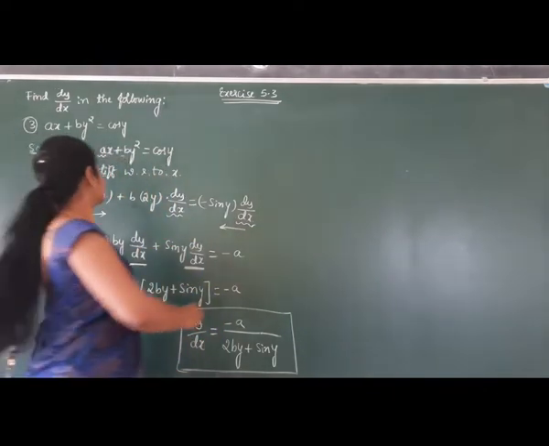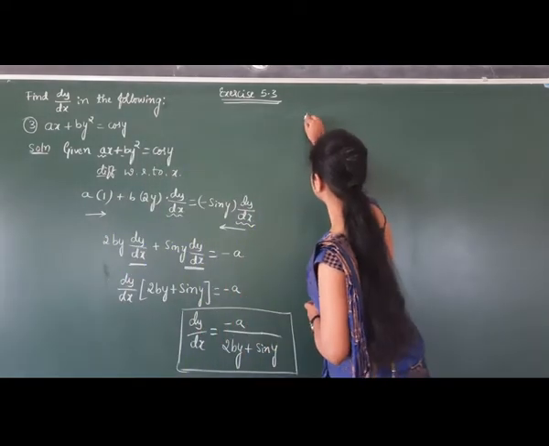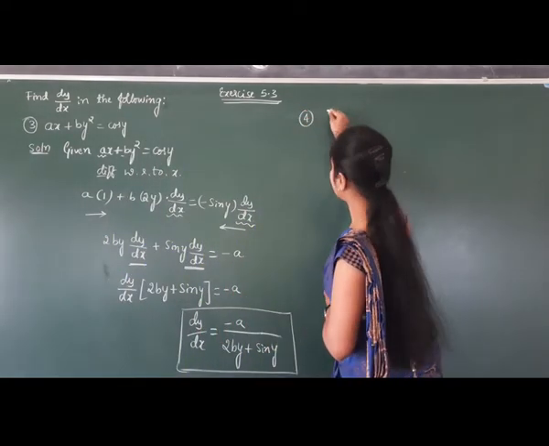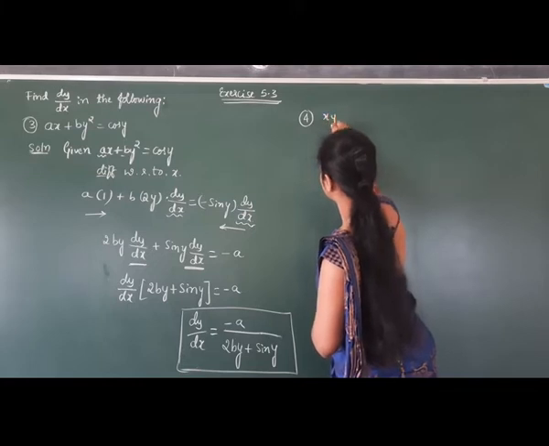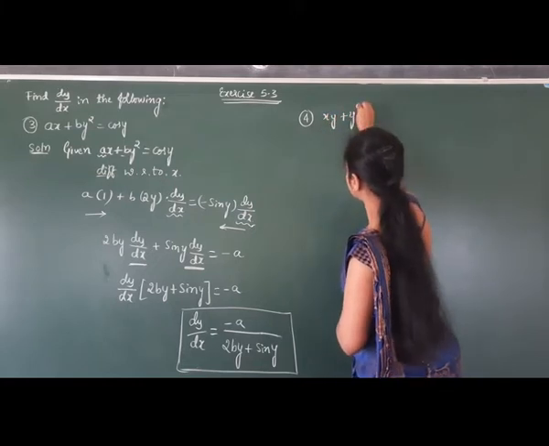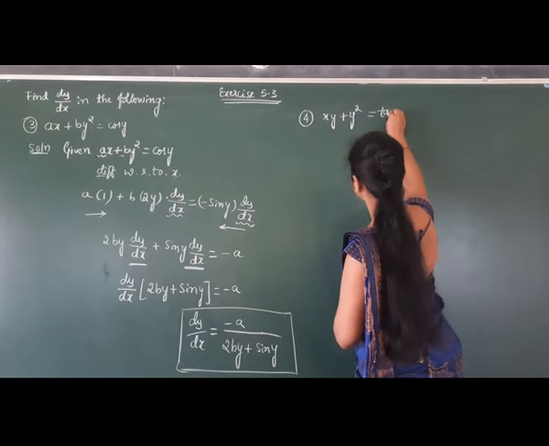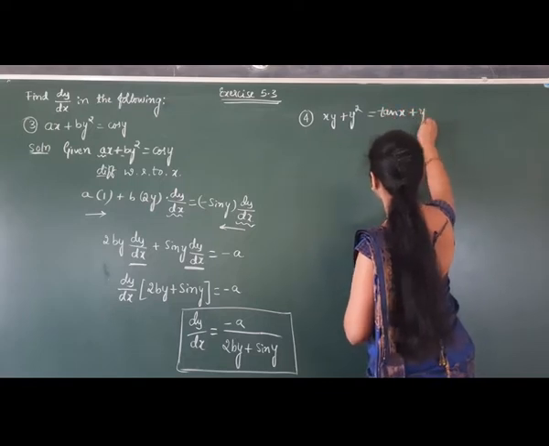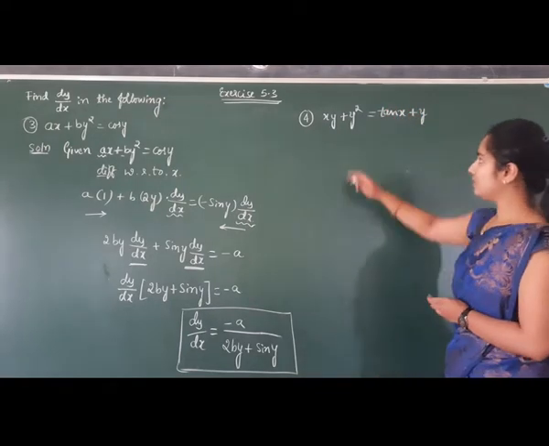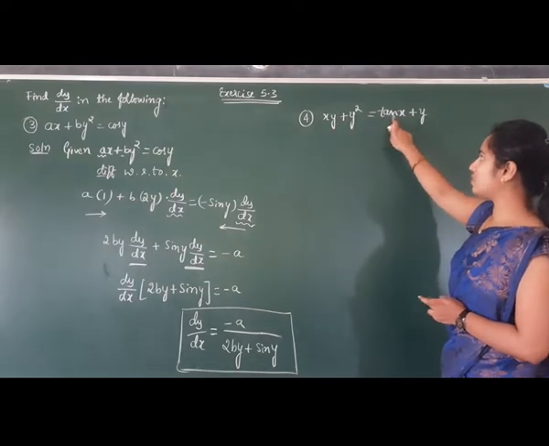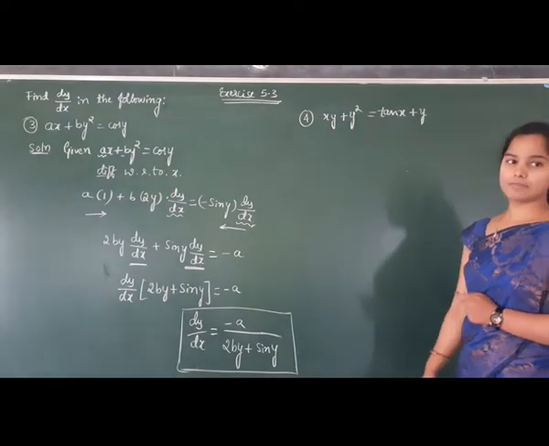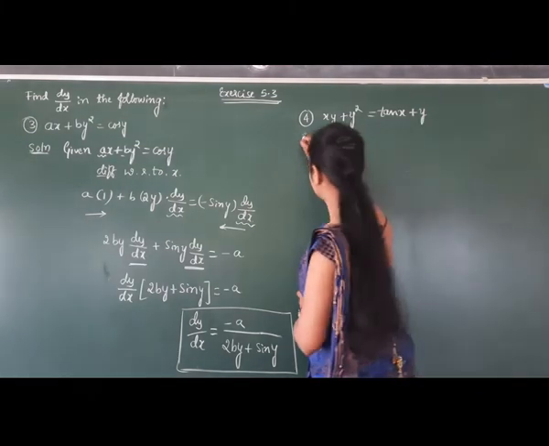Okay, so the next question: xy plus y square is equal to tan x plus y. So the solution. First consider the given function, xy plus y square is equal to tan (x plus y).